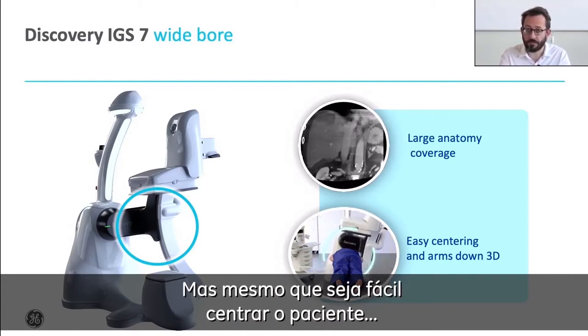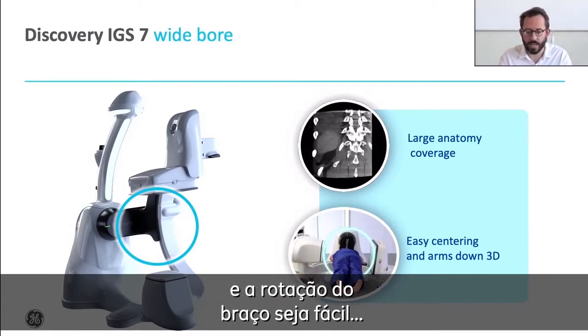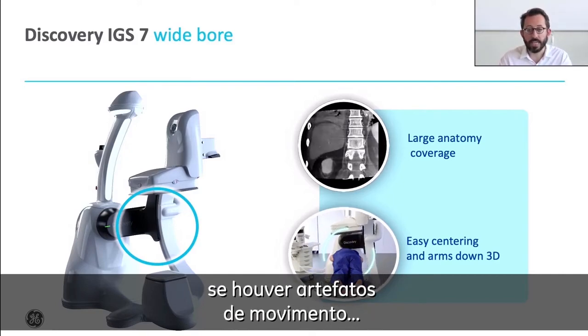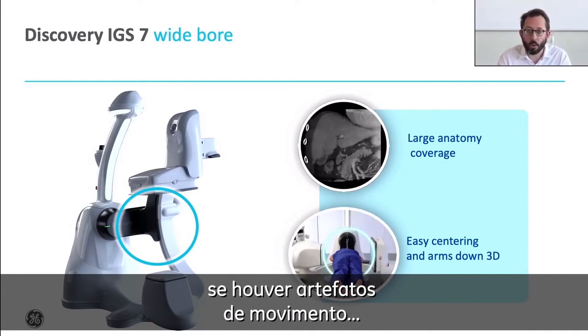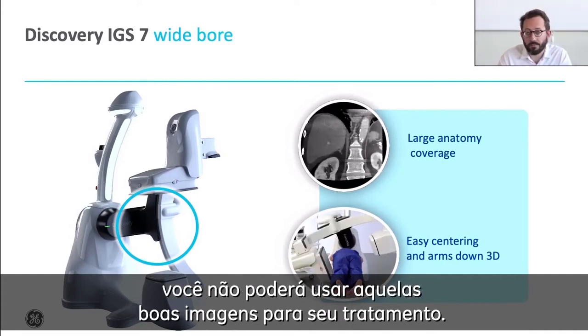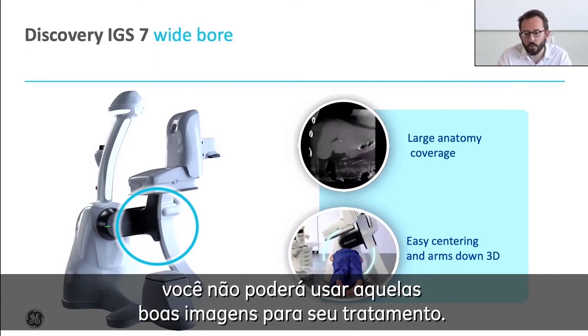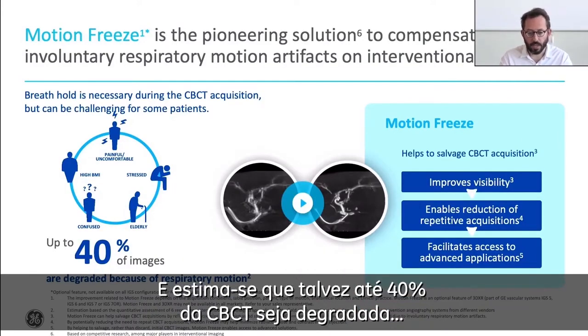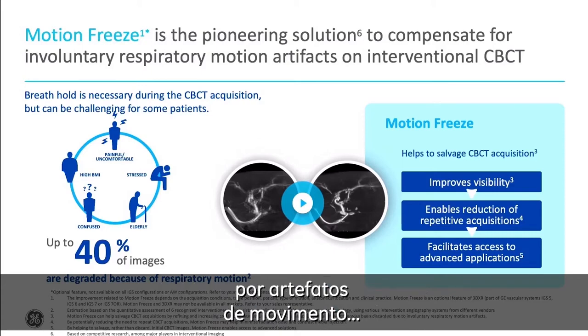But even if the patient is easily centered and the rotation of the arm is easy and you get very nice images, if there are motion artifacts, you will not be capable of using those very nice imaging data for your treatments.